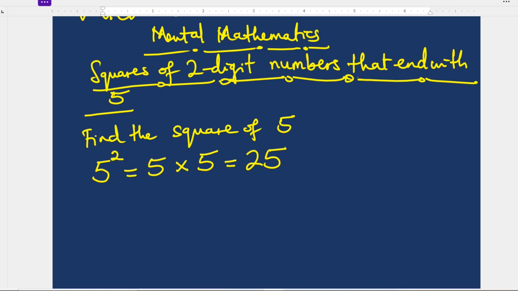All right. So now, what are the 2-digit numbers that end with 5?